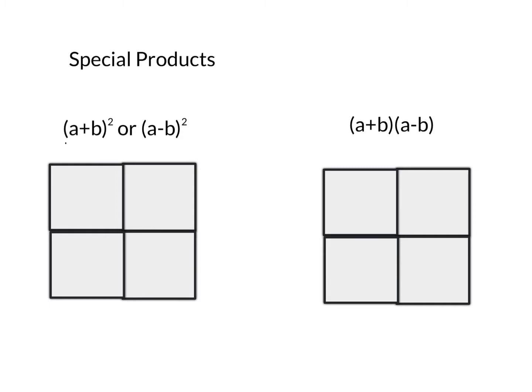Using the box method, we start with a plus b. The reason we do a plus b here is that when we're doing a plus b being squared, what that really means is we're doing a plus b times a plus b again.